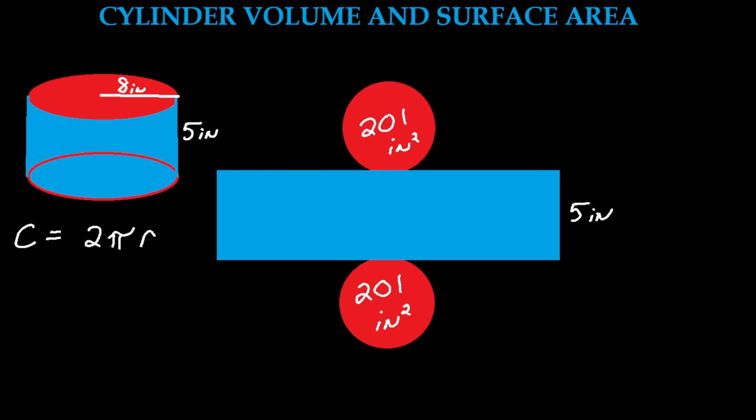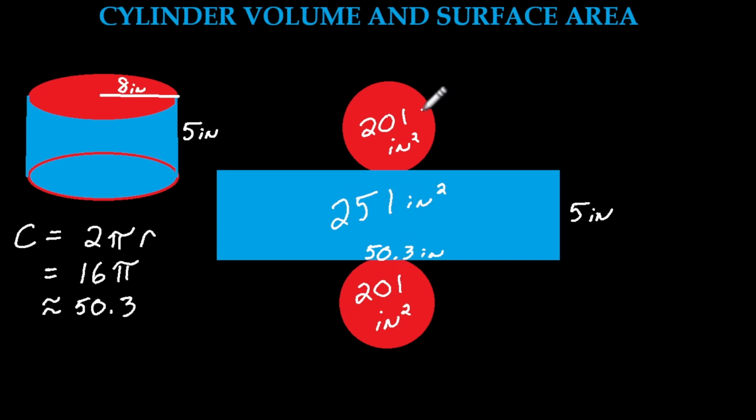And the circumference of a circle is 2 pi r, or pi times the diameter. So in this case, it's 16 pi, which works out to approximately 50.26 or 50.3. So that is going to be the base of our rectangle. So the area of the rectangle is approximately 251 inches squared.